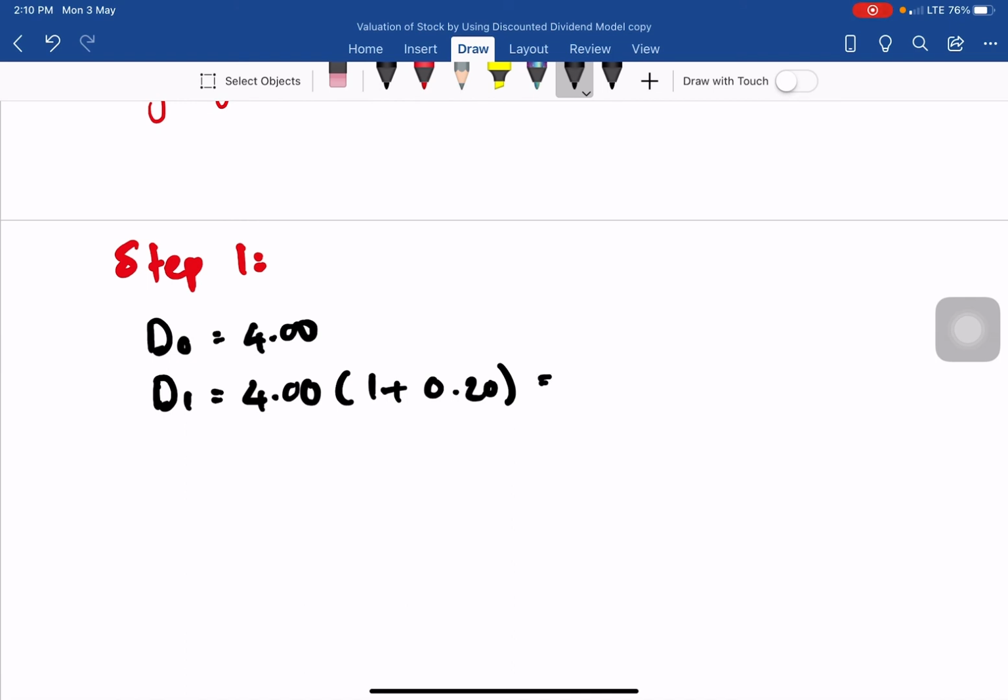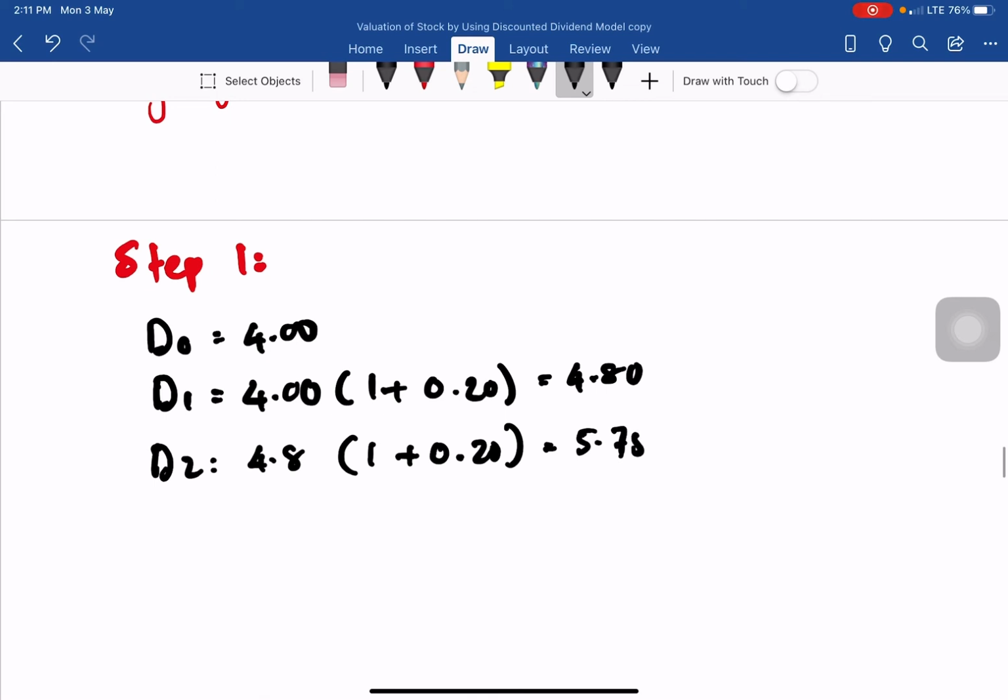So it is RM4.80. Okay, so the D2 is equal to RM4.80 times 1 plus G. G year 2 masih lagi 20%. So we are going to add 1 plus 0.20. So this one is equal to RM5.76.